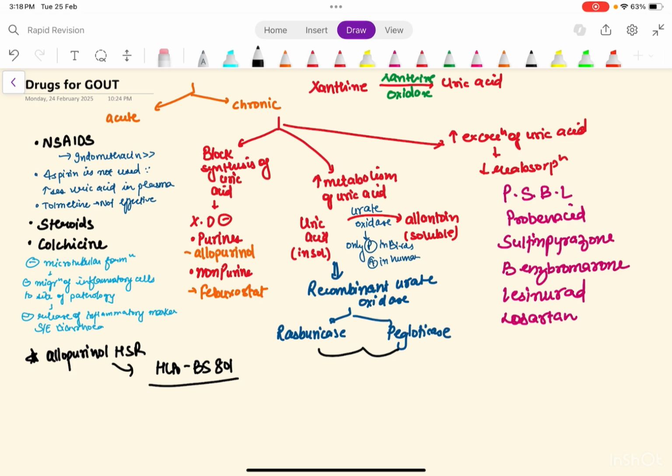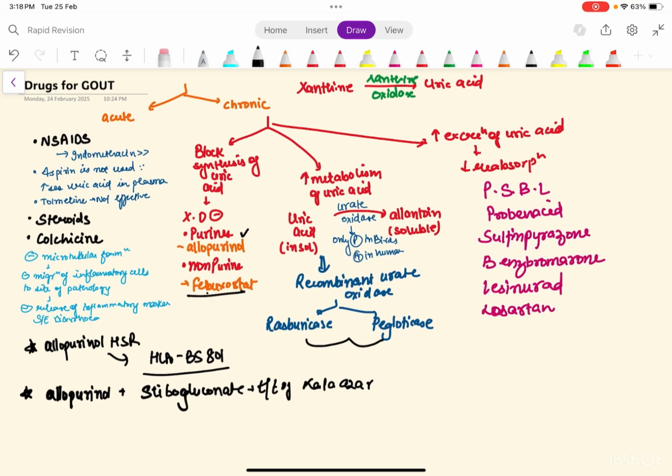All right, then allopurinol plus stibogluconate can be given for treatment of Kala Azar. Now, see this febuxostat has no dose adjustment required in kidney patients, but in allopurinol you require.